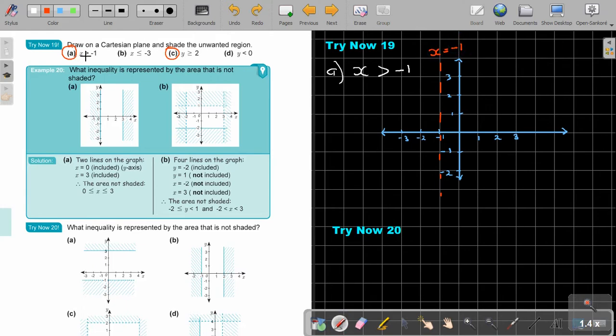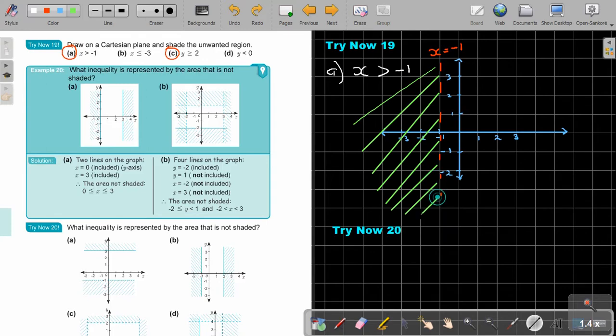Now remember this is bigger, but can you recall that I will shade the unwanted? And where will be the unwanted? It will be on the other side. So in this case, I will just shade here. Just take your ruler and shade it like this.